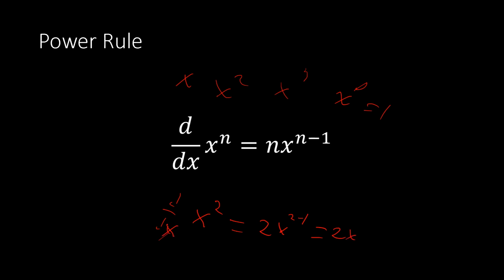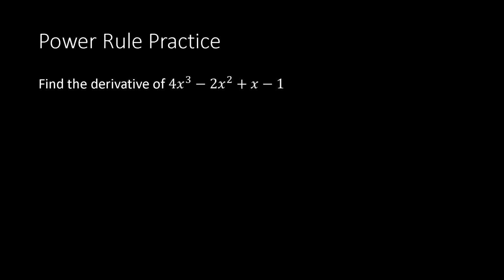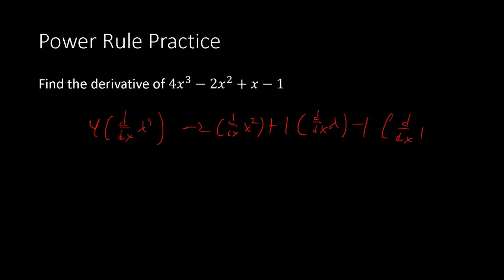Let's move on to the example for the power rule. We're going to find the derivative of 4x cubed minus 2x squared plus x minus 1. I'm going to just use our constant multiple rule and sum rule to figure this out. This is going to be 4 times the derivative of x cubed, minus 2 times the derivative of x squared, plus 1 times the derivative of x, minus 1 times the derivative of 1.